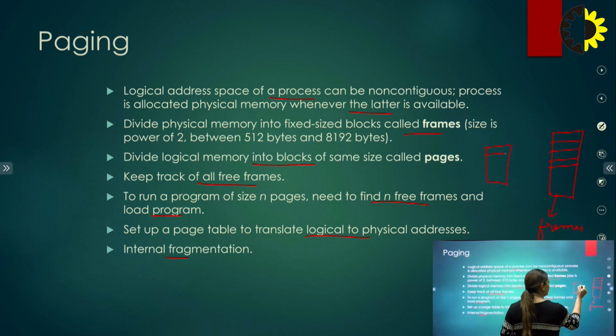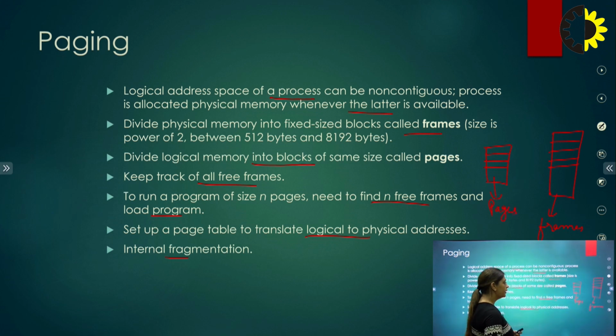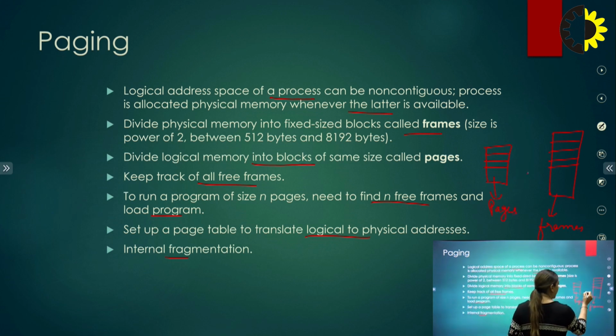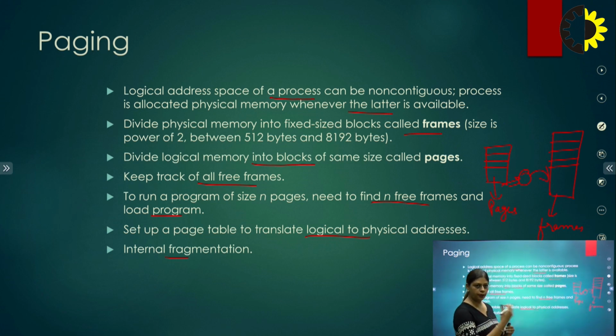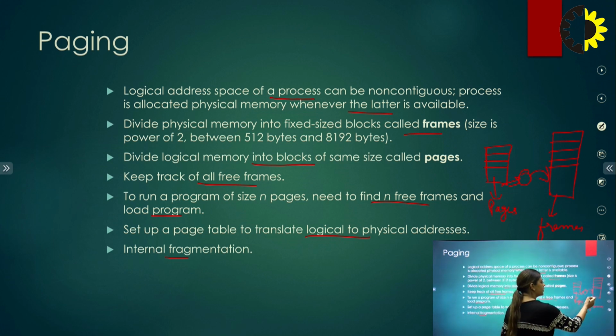It is also divided into fixed size blocks, and those are called pages, right? These pages are mapped by some function, which is calculated, and they are mapped to the frames in the physical memory, right?